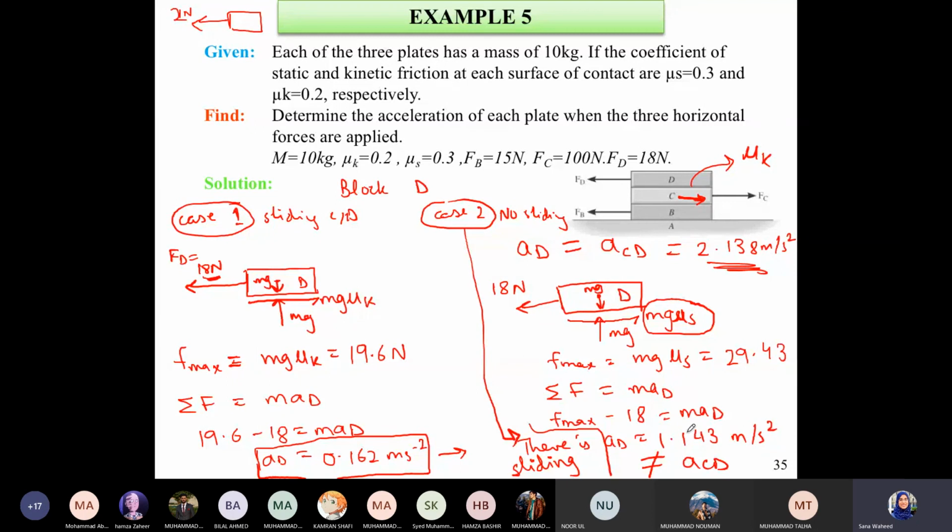मैम यहाँ पे हम फ्रिक्शन को एज एन अप्लाइड फोर्स कंसीडर कर रहे हैं क्या? क्योंकि C और D जब नॉन स्लाइडिंग होंगे। जब C और D नॉन स्लाइडिंग हैं तो उन दोनों के दरमियान में स्टैटिक फ्रिक्शन एक्ट कर रही होगी, बिकॉज द रीजन बीइंग कि D के ऊपर एक अप्लाइड फोर्स है ना, so this is trying to cause motion and we are saying कि this frictional force is going to try to resist it. मैम लेकिन ये रेजिस्ट नहीं है, ये तो मोशन कॉज कर रही है ना 29.43, तो ये फ्रिक्शन यहाँ पे काइंड ऑफ अप्लाइड फोर्स का काम कर रही है क्योंकि C इज मूविंग। Yes, because C is moving.